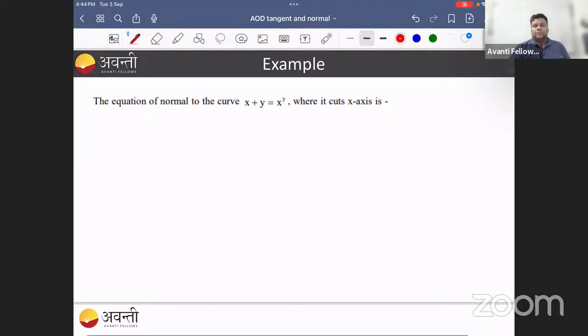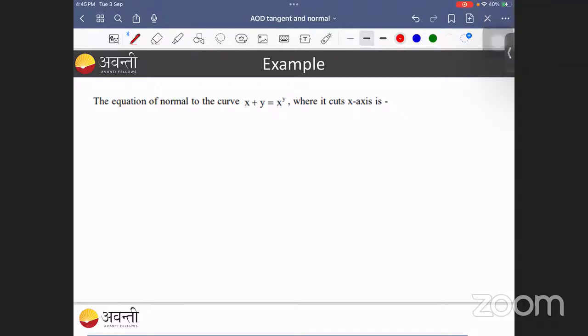Hey Bhagat, how are you? Bhagat, can you unmute yourself and talk to me? Thanks. Bhagat, how did you get this? How to approach? Bhagat, it will be great if you can speak up.